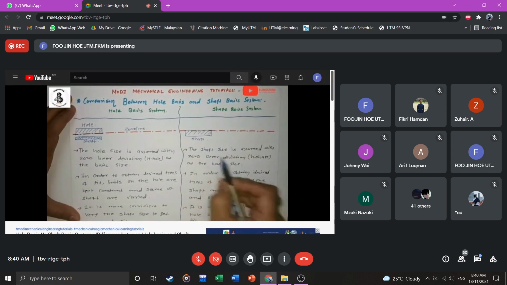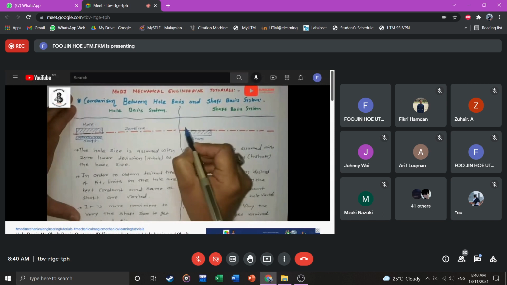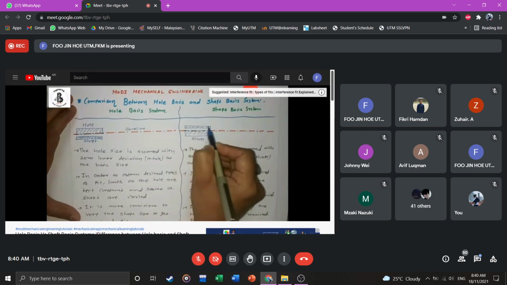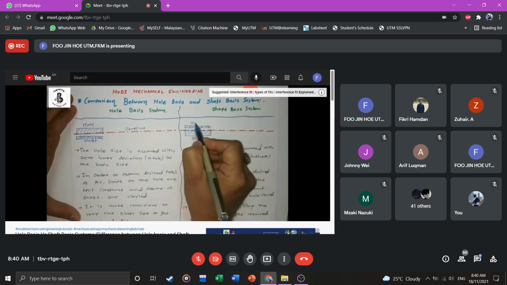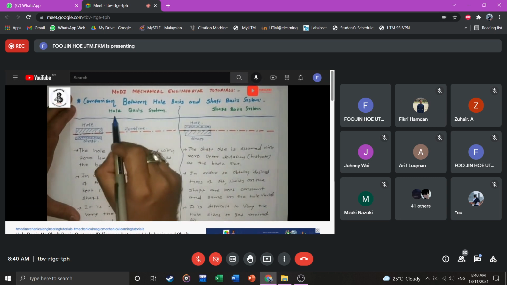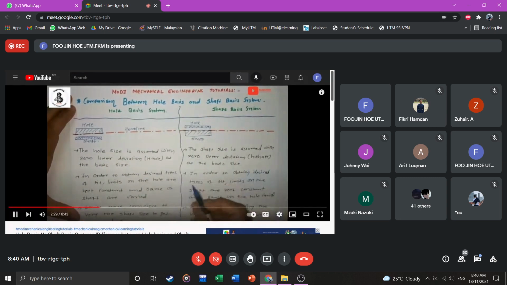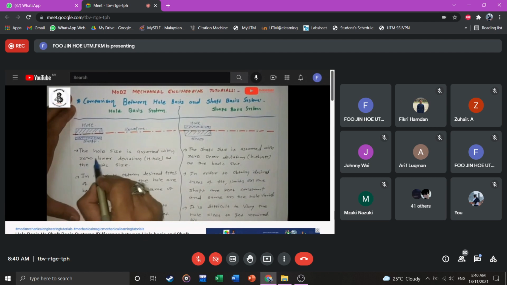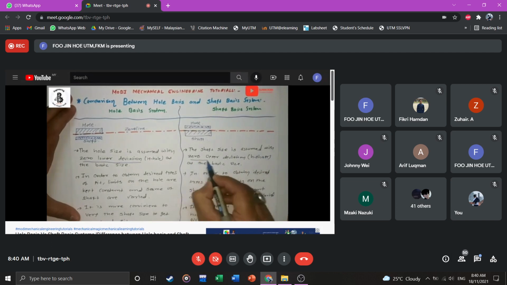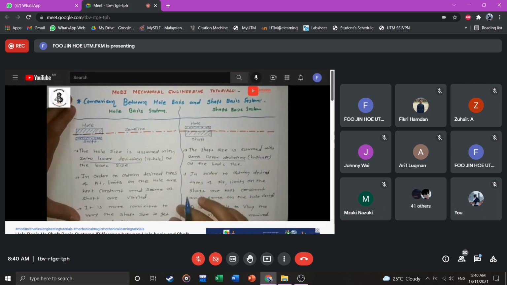That will be the upper deviation, that upper part. And then the hole is positioned differently. So those are the two different positionings for the hole basis and shaft basis. Here the hole size is assumed with zero lower deviation and the shaft size is assumed with zero upper deviation.